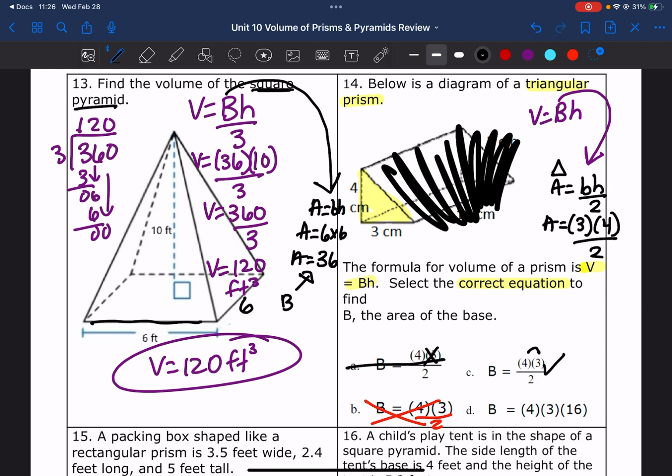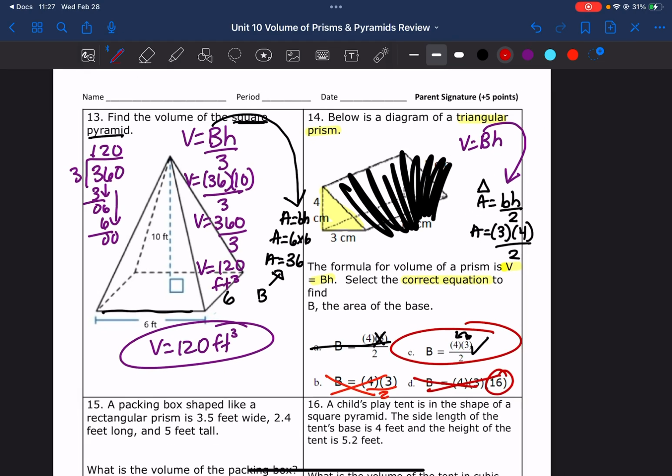This is a little bit different than what we have, but it's still the same thing. You're still going to multiply 3 times 4, right? Now, if we look at the last option, it says 4 times 3 times 16. That's not correct. We don't want to multiply this. This is not what we need. This is wrong. So that's not it either. It's going to be C. All right, pause if you need to.